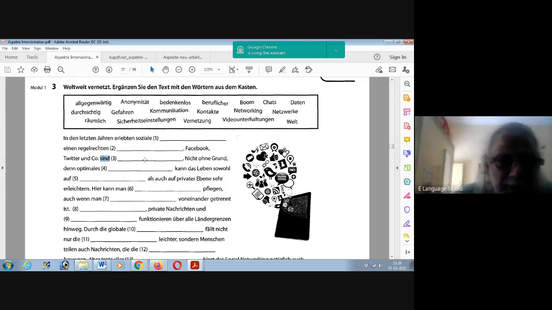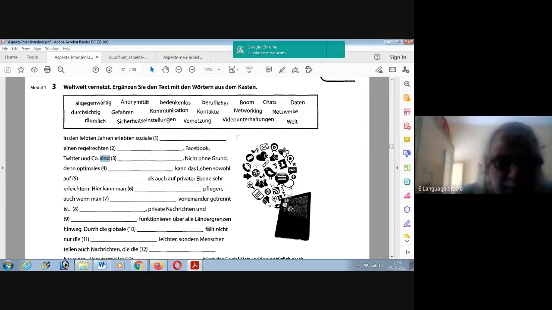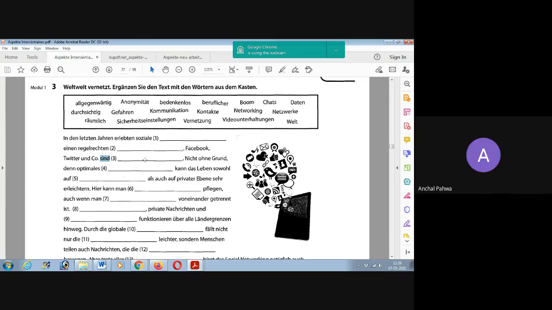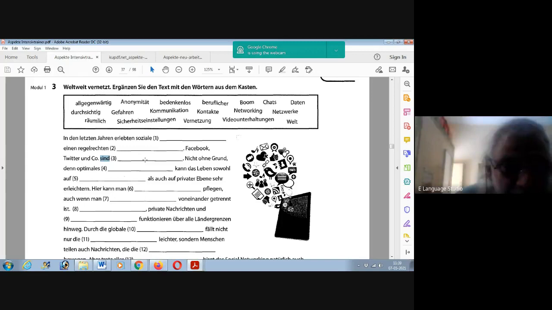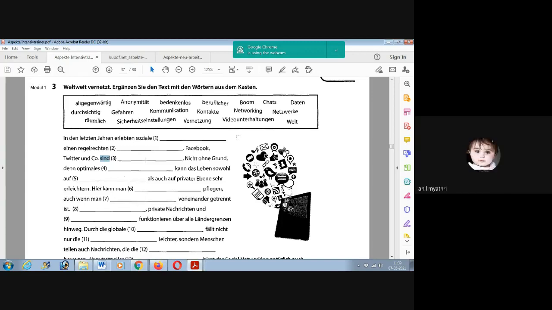Allgegenwärtig. Was bedeutet allgegenwärtig? Das ist richtig. Aber was bedeutet allgegenwärtig? Ich habe notiert: allgegenwärtig.